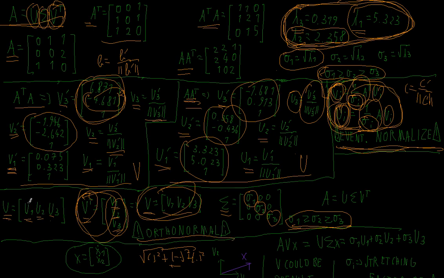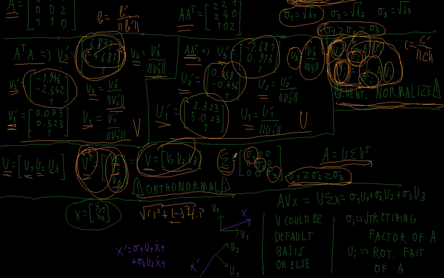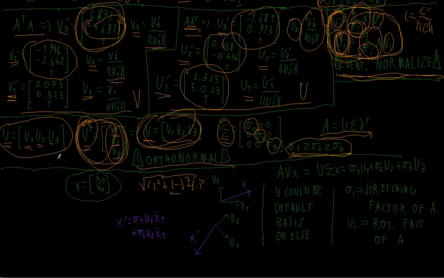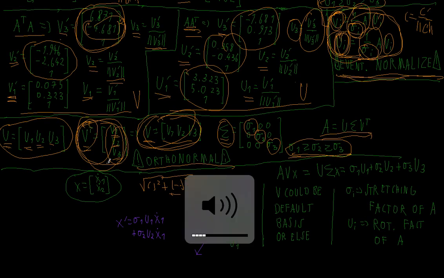That means the vectors contained inside are all of length 1 and orthogonal to each other, as we discussed before. So now we have the singular value decomposition of our matrix A: A is equal to U sigma V transpose. That is our capital sigma, that is our V transpose, and that is our U.